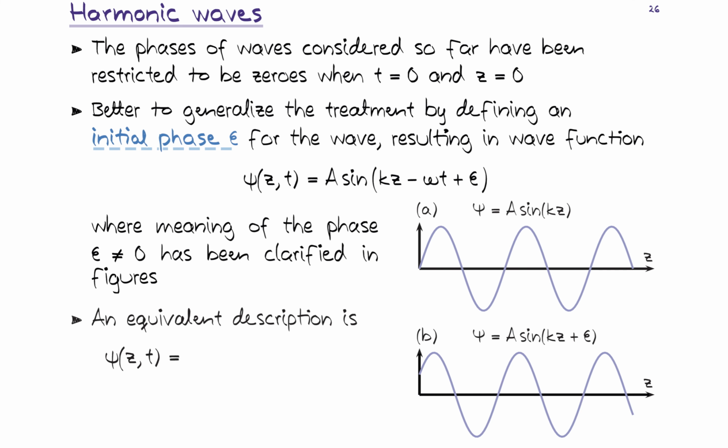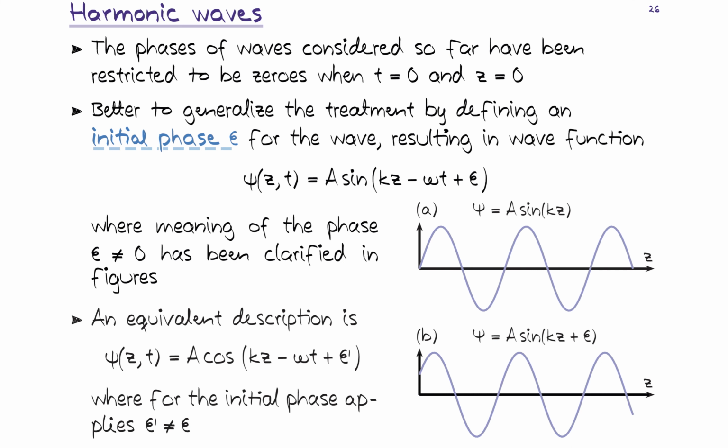So my wave could equally well be A, the amplitude, times a cosine of the argument that we have already described. And now I have epsilon prime in there to clarify that if I want to have physically exactly the same kind of wave as an outcome for the math, of course epsilon prime must be different than the original epsilon if I use sines. But in any case, I could equally well use a cosine representation for my wave.